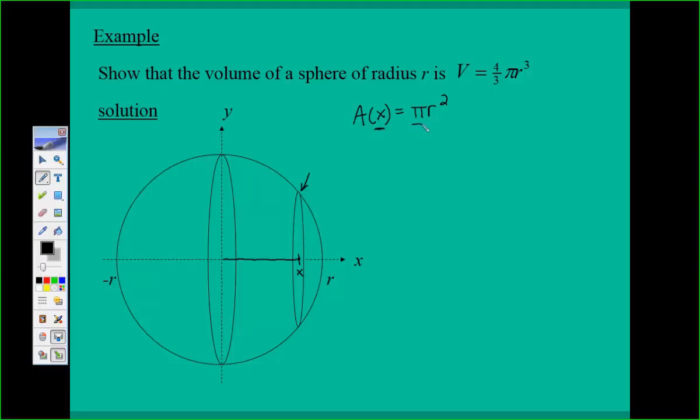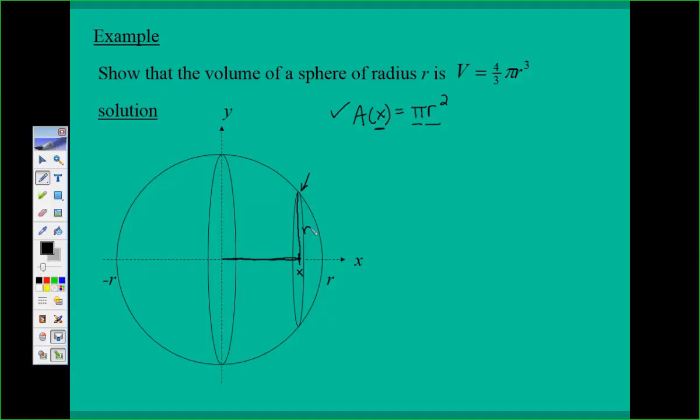Now our goal is to get this area as a function of x. So pi is just a constant, so we need to get r in terms of x, which means for this x value right here, where I have this cross section, when I plug that value into my area formula, it has to give me the radius of the circle for that x value. So it has to give me this radius here. That's what we're calling r.